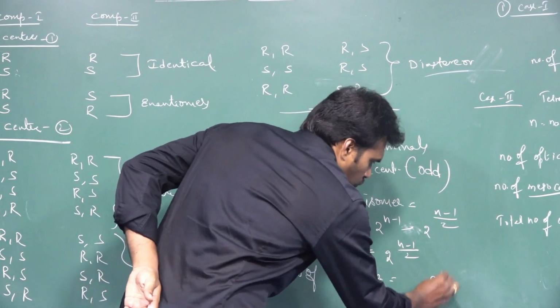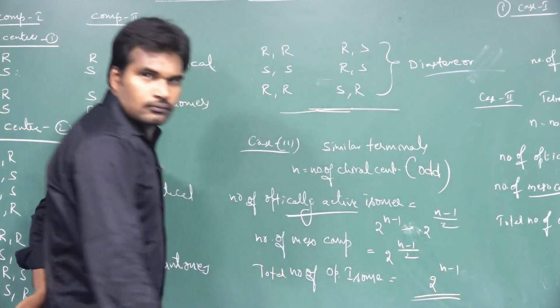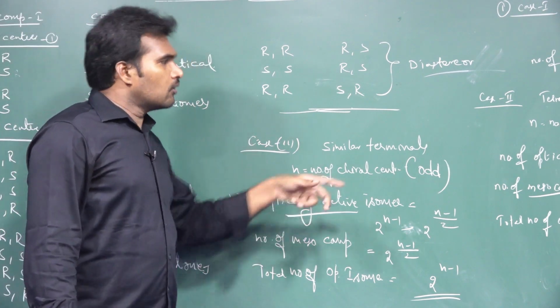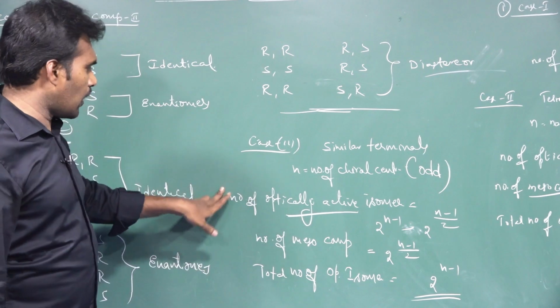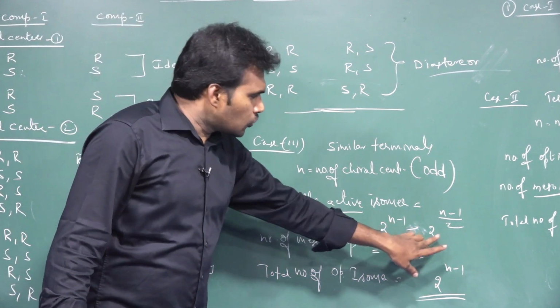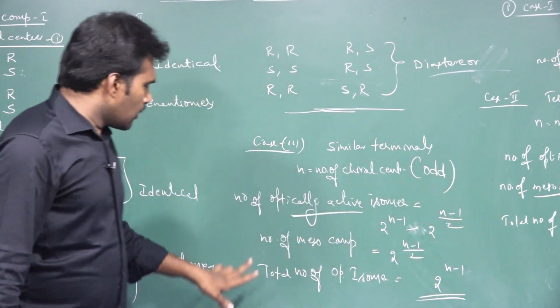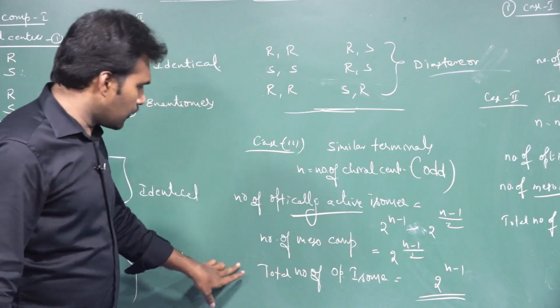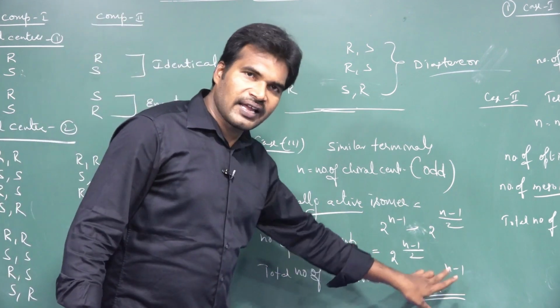Finally, we will get the formula 2 power n minus 1. So just slight changes in case of third compared to the second.